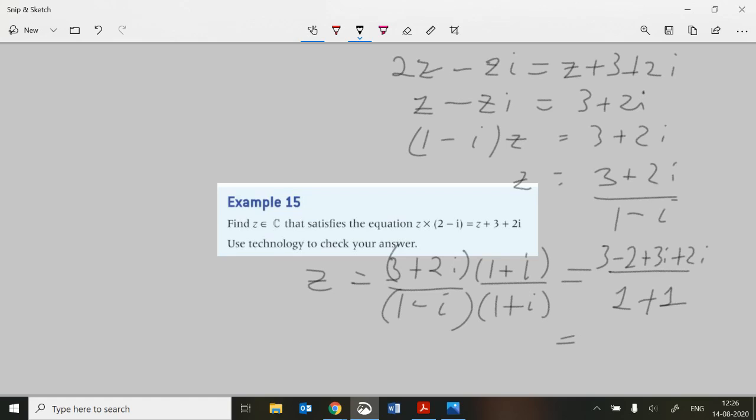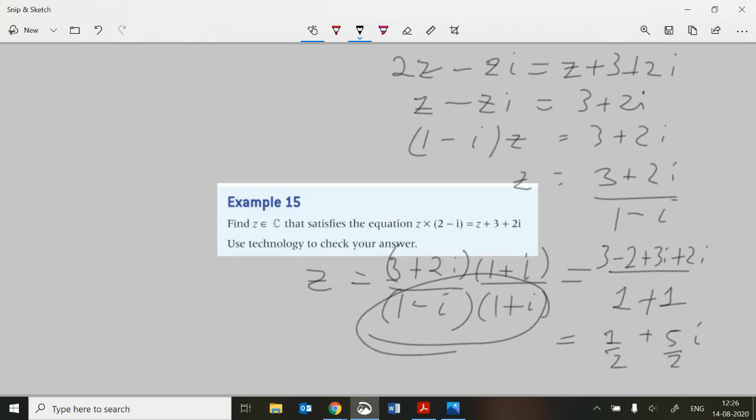Okay, so the answer to this is going to be 1 plus 5i, but both of those are divided by 2. So I'm just going to split it up into that form, a plus bi. So there's our z, our complex number, there's our real part, and there's our imaginary part here as well. Okay, so that's how we can deal with that.